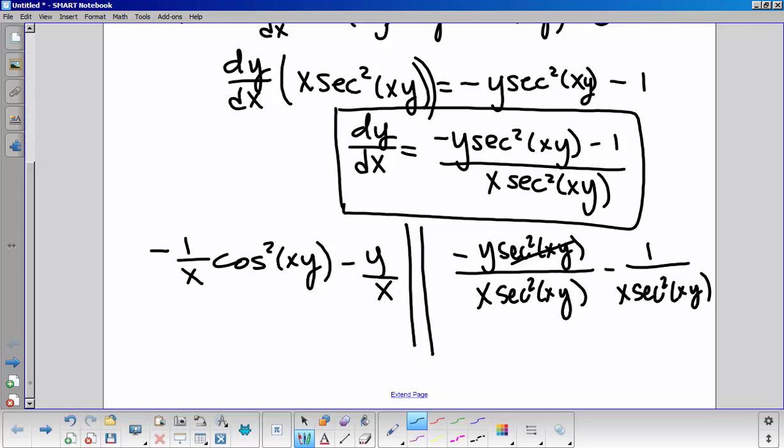And this cancels, so you get negative y over x, and then what is 1 over secant? Cosine. So this is negative 1 over x times cosine squared of xy. So it's equivalent. I would accept either answer, obviously. Why make it harder? That's why your answer might not match.